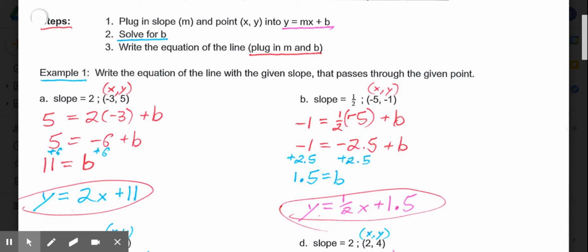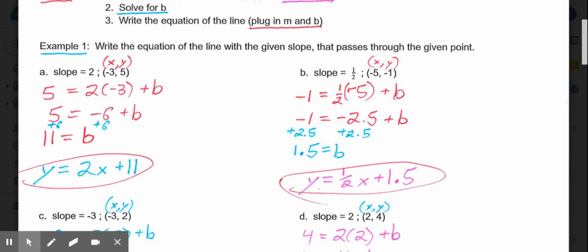So we have -1 equals -2.5 plus b. Add the 2.5 to each side, and then b equals 1.5. So our final equation is y equals 1/2 x, using the slope from the original info, plus 1.5 for the b we just solved for.